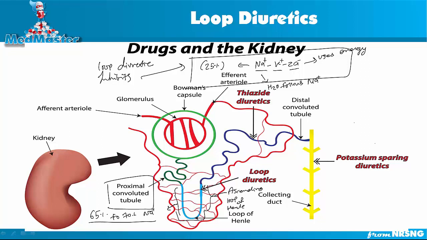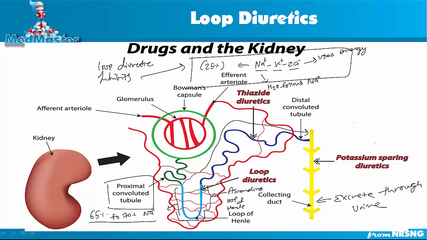The fluid goes from the ascending loop of Henle to the collecting ducts, and from there it gets excreted through urine. So sodium, water, potassium, and chloride are all going to get excreted through the collecting ducts without being reabsorbed, since the loop diuretic inhibits the pump.